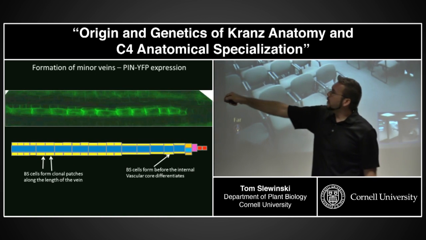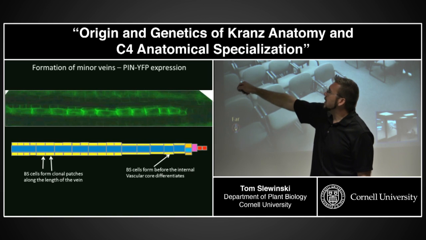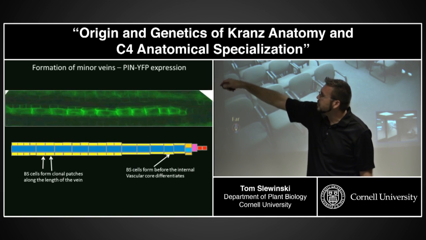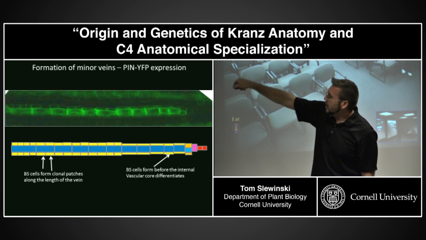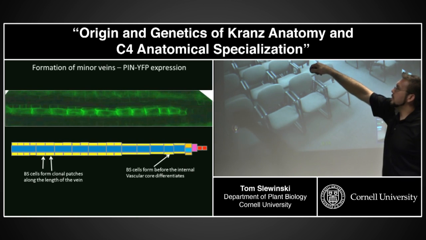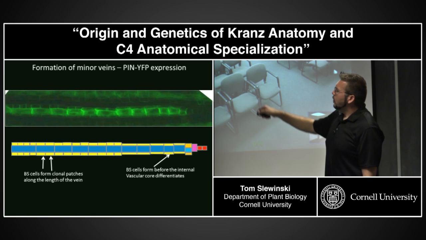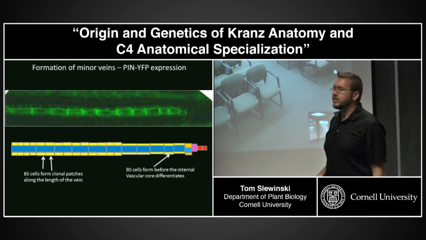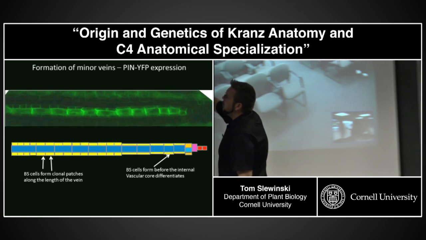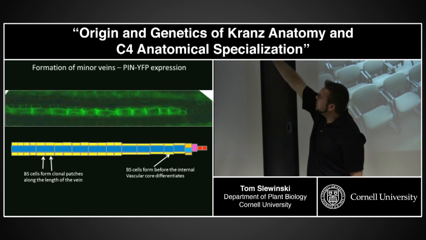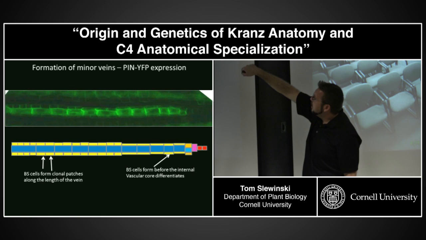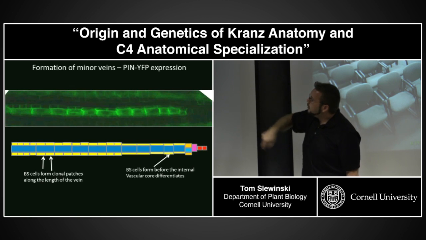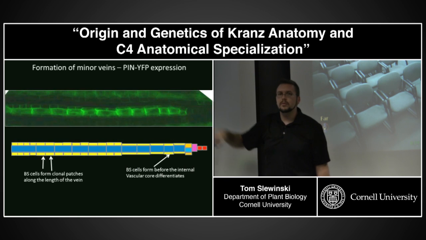And if we look at PIN expression, this is a developing minor vein, and this is the tip. This is going towards the base, and this is towards the tip. And this is a stylized model of what's happening here with the PIN marker. We see that bundle sheath is actually a pretty early event, as early as the vein itself, where the PIN demarcates a single cell that's going to become the vascular unit, and the cell enlarges, divides, but also bundle sheath cells are recruited.